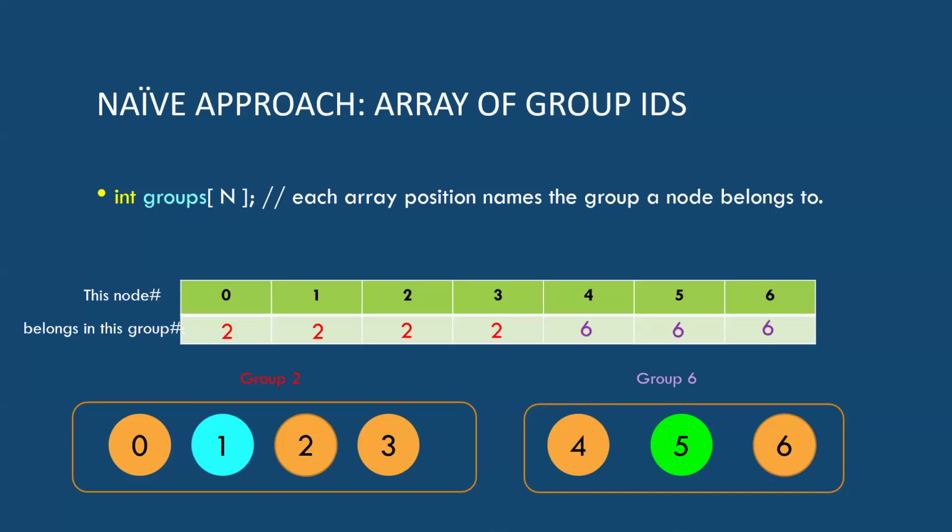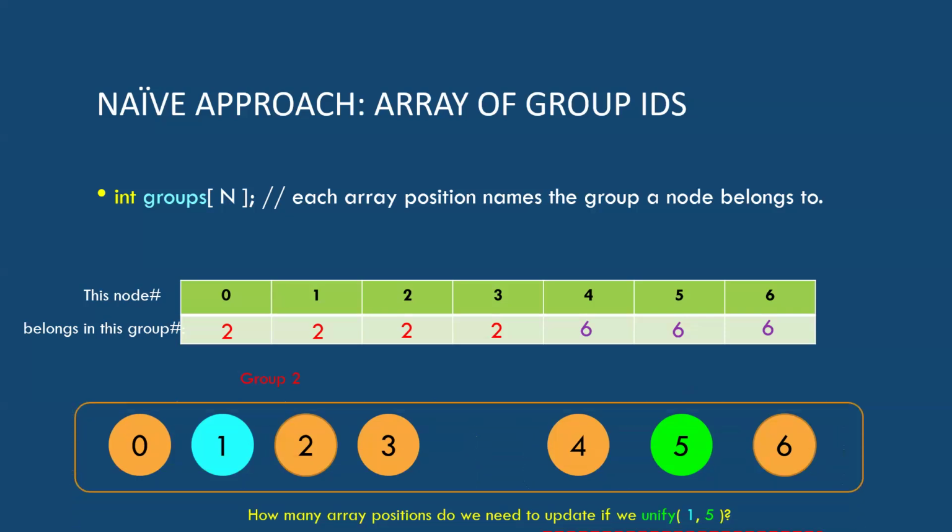So that's not bad, but if I merge two groups, I've got to rewrite a lot of data in my group array. I've got to actually go update a lot of the 2s. So it's got some drawbacks. It's quick to figure out what group you're in, but the maintenance of it, if we're in a dynamic environment, would be kind of expensive. So unify in that case is kind of an expensive thing.